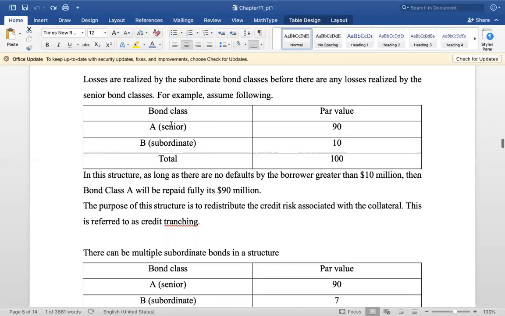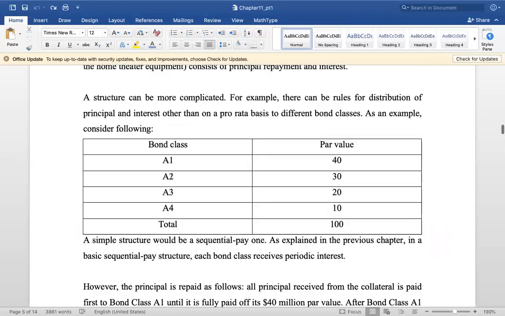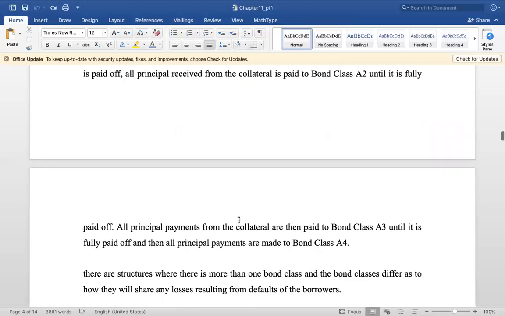For example, here 90 and 10. In this structure, as long as there are no defaults by the borrower greater than 10 million, then bond class A will be repaid fully. It's 90 million, right? The purpose of this structure is to redistribute the credit risk, just like the purpose here is to redistribute the prepayment risk.